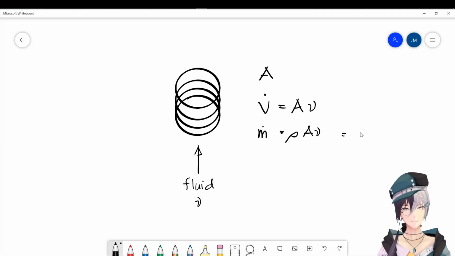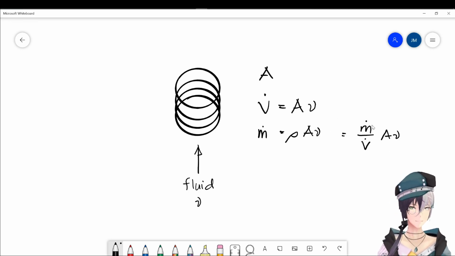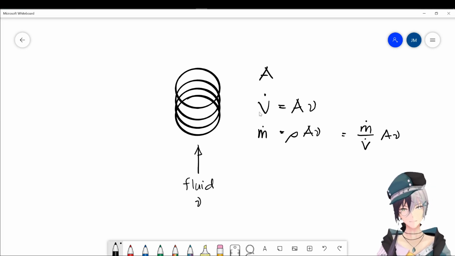Because density is simply mass per unit volume. In this case, it's mass rate and volume flow rate, then area multiplied by velocity. So as you can see, mass is cancelled. We go back to this equation.